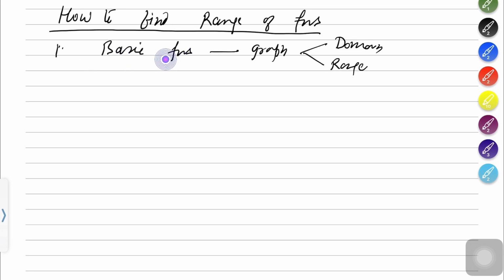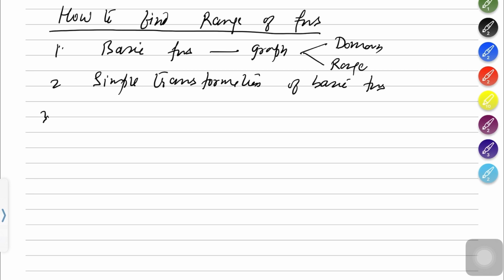Second is a simple transformation of a basic function. Transformation means some addition, division, or some kind of composition.